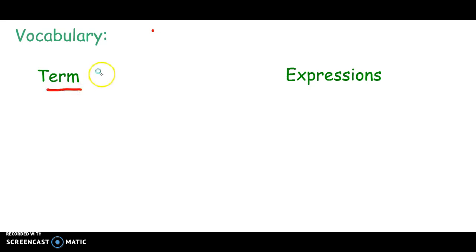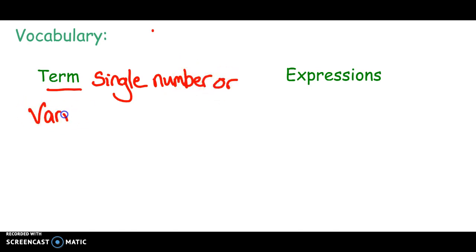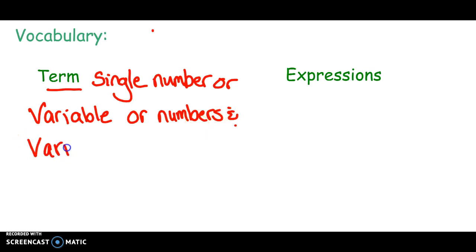And in algebra, a term is a single number or variable or numbers and variables multiplied together, or the product sometimes they'll say.